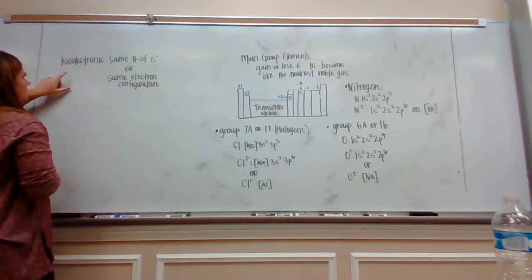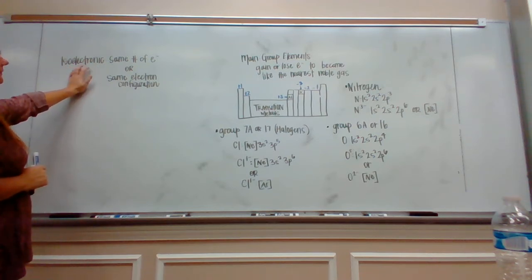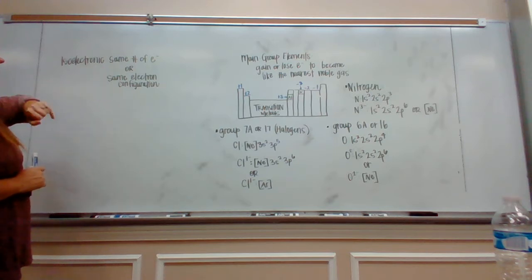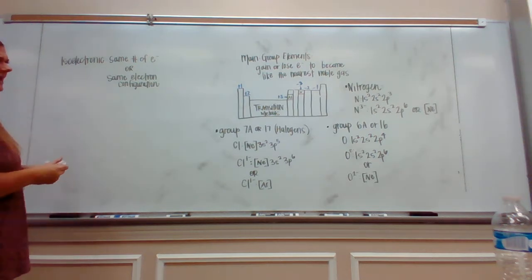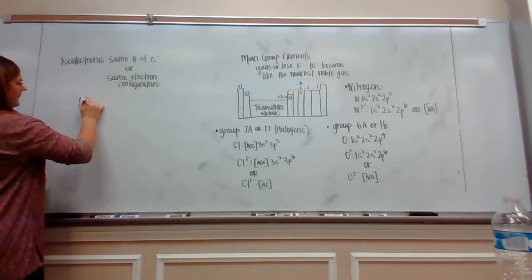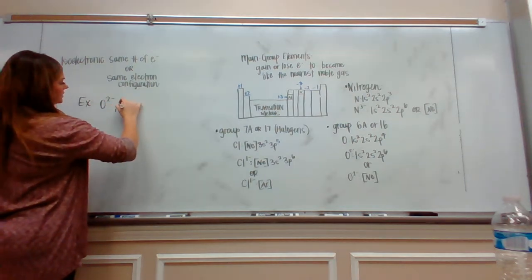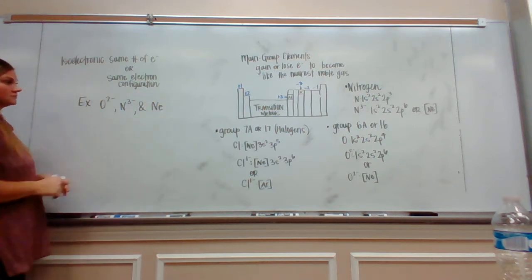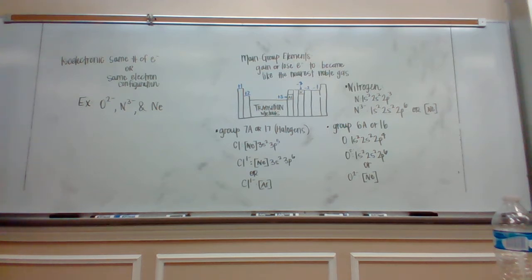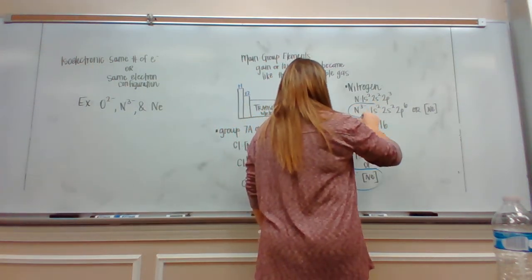Alright, one definition I want to add in here is the word isoelectronic. All that means is they have the same number of electrons, or you could say the same electron configuration. An example would be O2-, N3-, and neon. I know that because of what I just wrote out here.